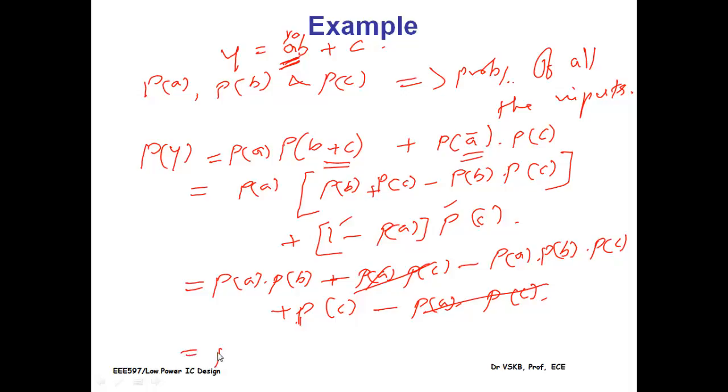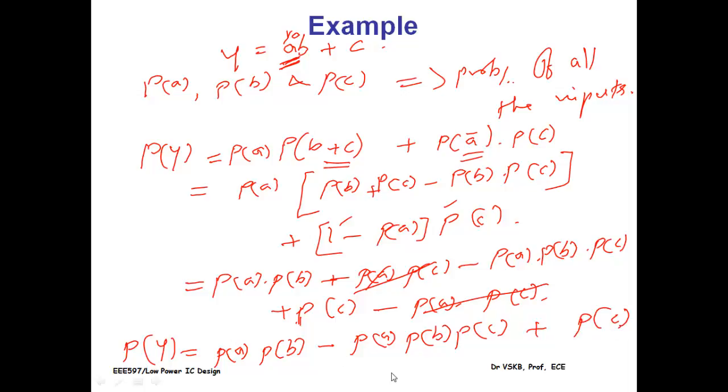So I would now have P of A into P of B, this is what our P of Y is, minus P of A P of B P of C plus P of C. This is the output probability, taking into account the input probability. For any such circuits in this manner, we could go for taking out the output probability.